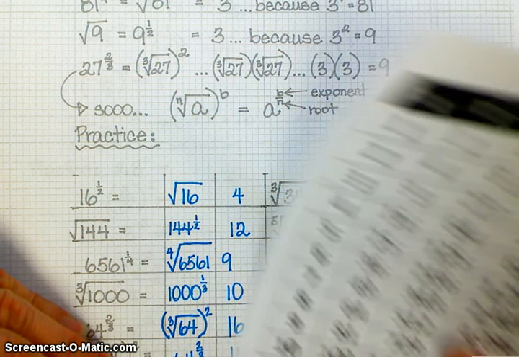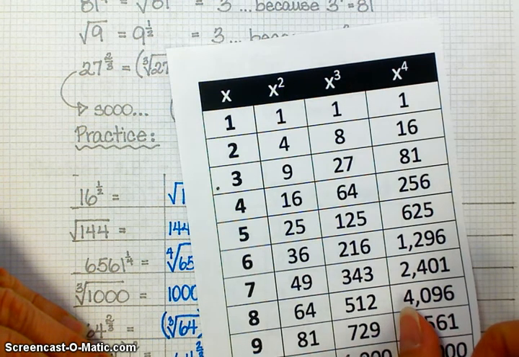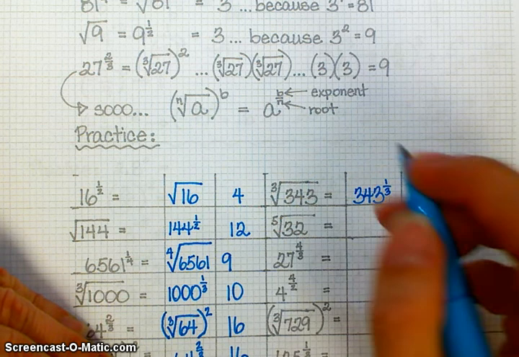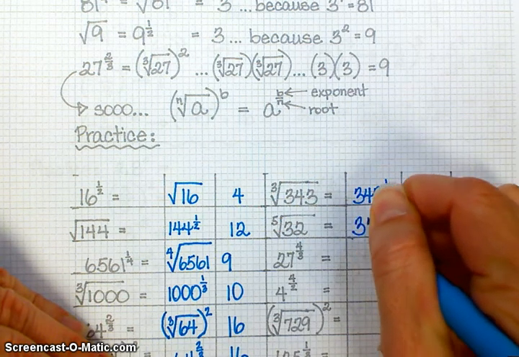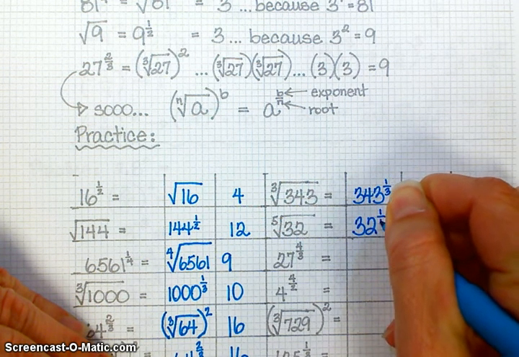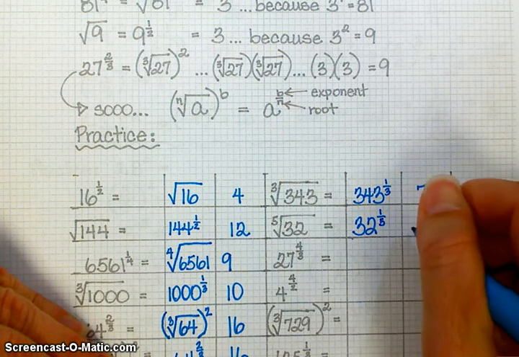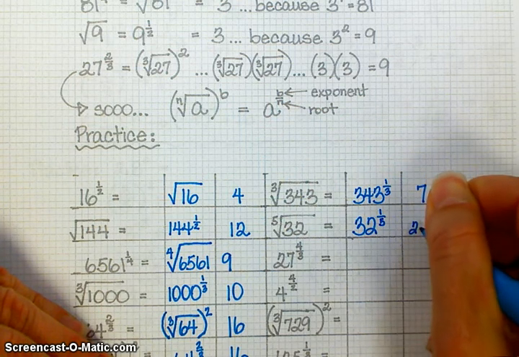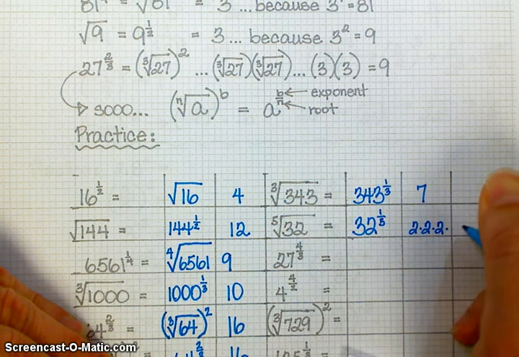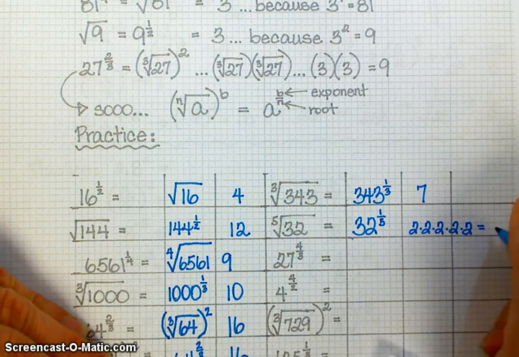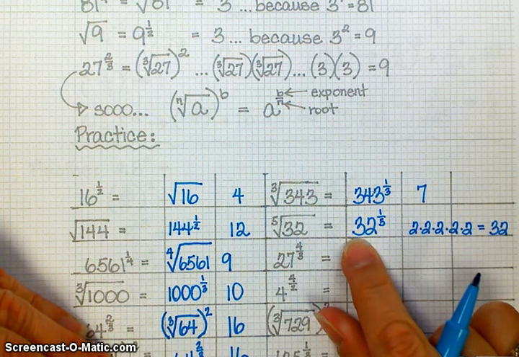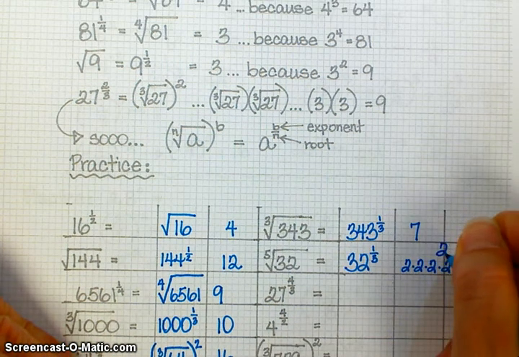That is 32 to the 1/5 power. It just so happens that 2 times 2 times 2 times 2 times 2 is what equals 32. So 32 to the 1/5 power is 2.